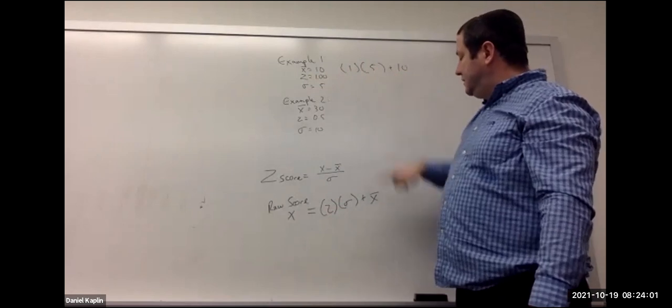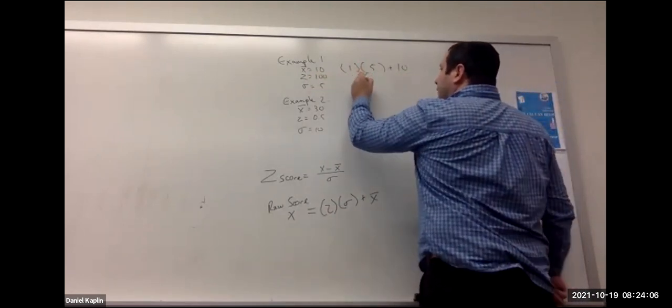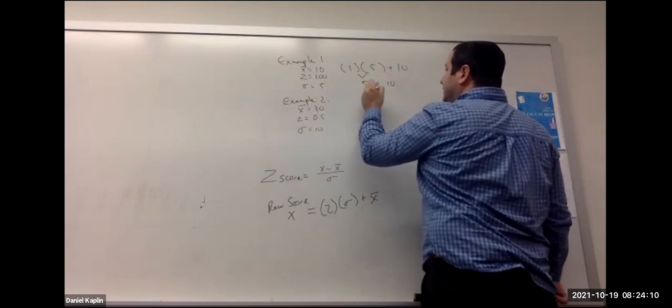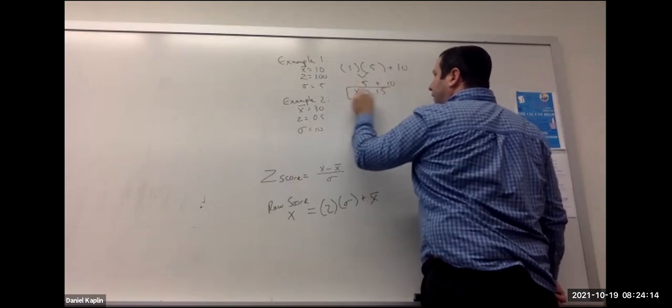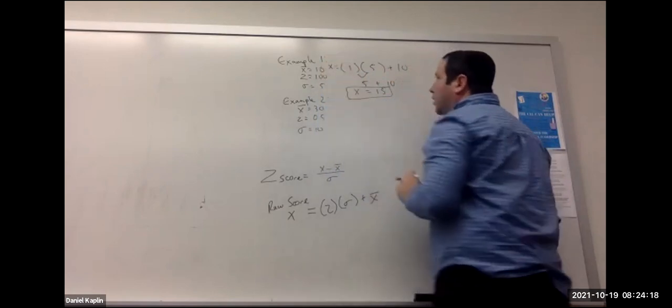Plus the mean, which is 10. So 5 plus 10 gives me a raw score of 15. That would be my raw score.